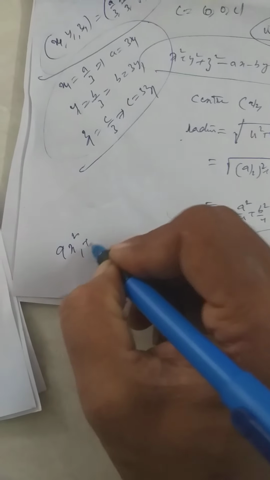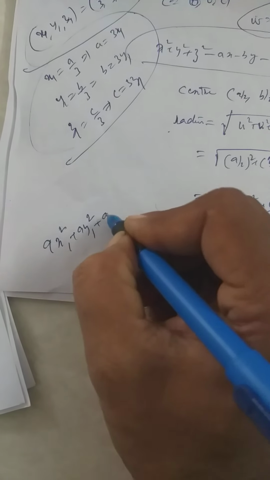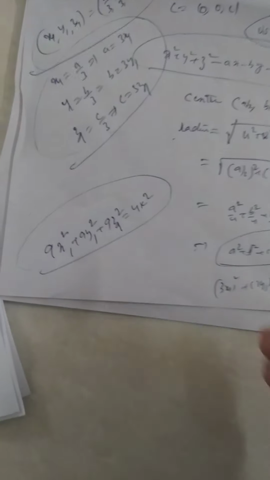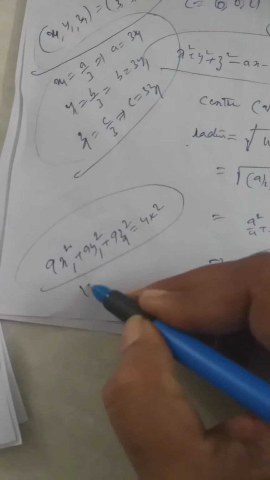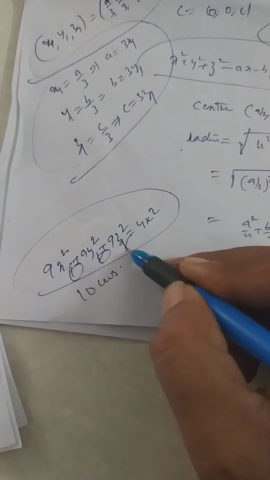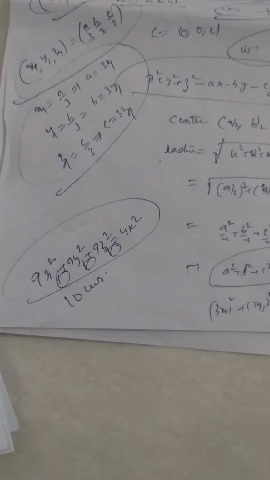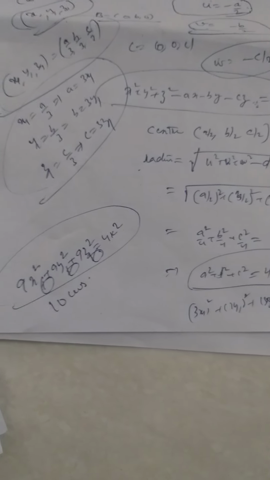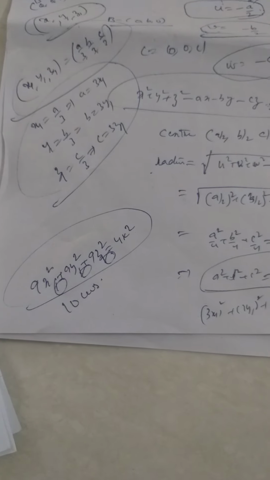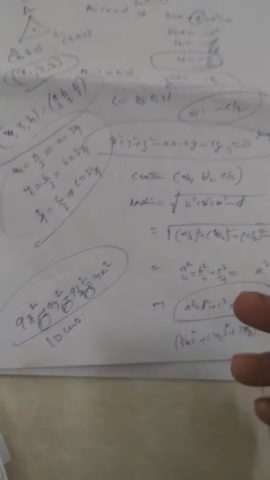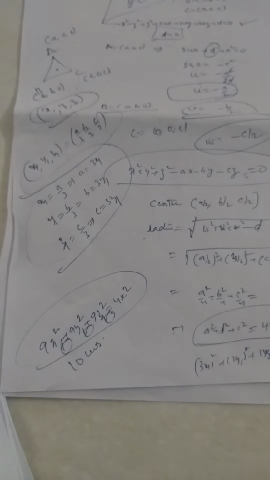Now simplify this one. 9x1 square plus 9y1 square plus 9z1 square is equal to 4k square. Now if you want the locus of the centroid, then remove these suffixes, right? Now what will you get? 9x square plus 9y square plus 9z square is equal to 4k square, which is the locus of the centroid of the triangle ABC.